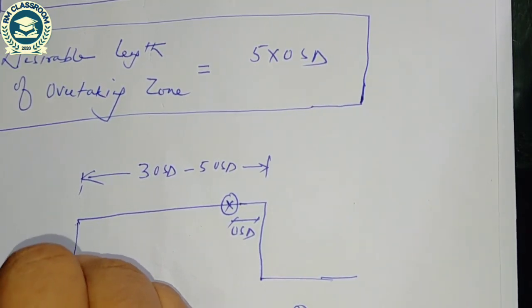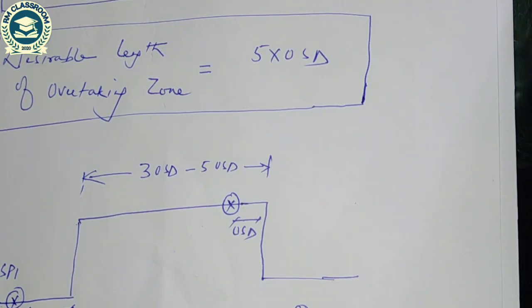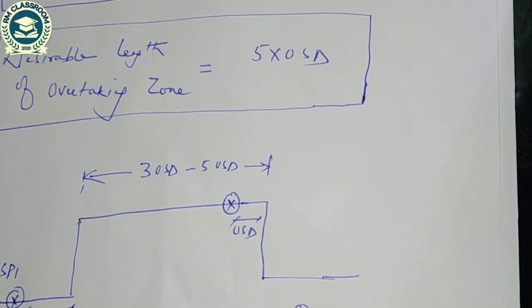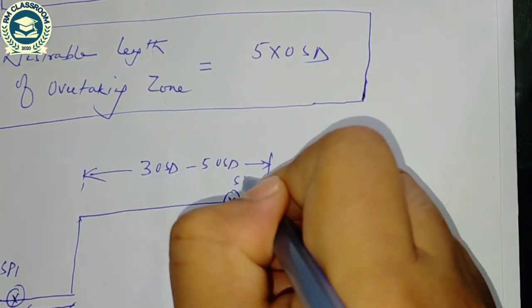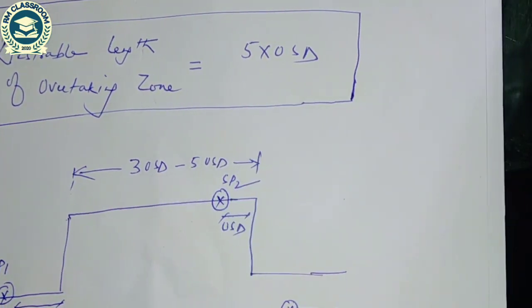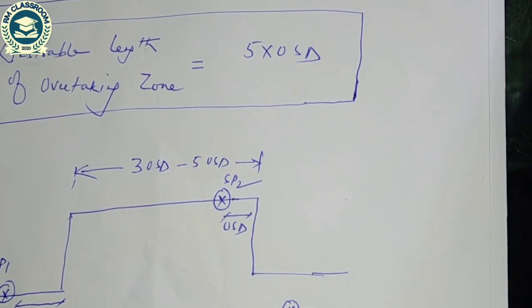So here is SP1. SP1 means overtaking zone ahead. SP2 means overtaking zone ends. Similarly, once again it is SP1 and this is SP2.